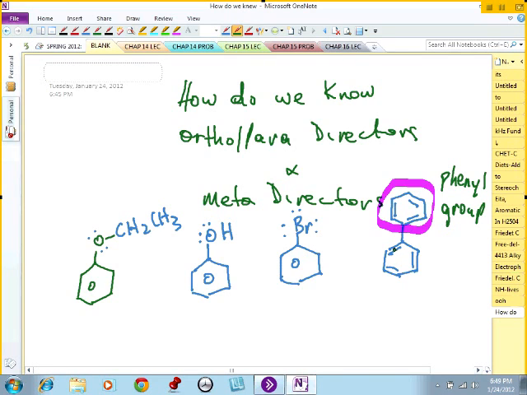This double bond is conjugated with the ring system. Anytime you have a double bond that is conjugated with the ring system, the chances are that group will be an ortho-para director. There is conjugation here.